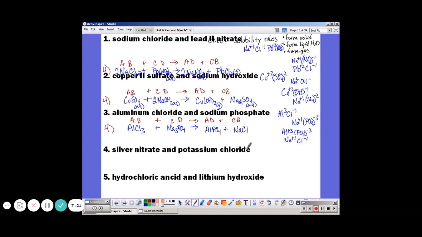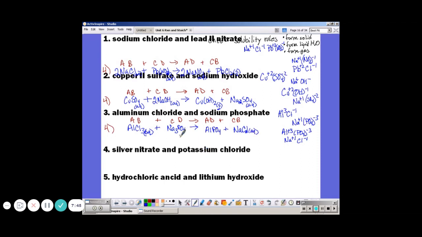I look at my B and my D. B is chlorine. I look at my rules for chlorides. All chlorides are soluble except silver, lead, and mercury. So the chlorine with aluminum is going to remain aqueous or soluble. The chlorine with sodium is also going to be aqueous. PO4 is phosphate. So I look for my rules on phosphates.